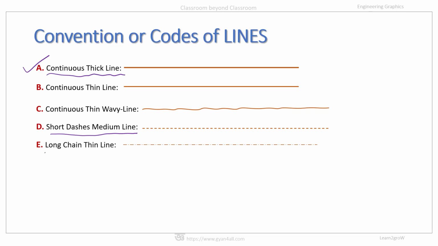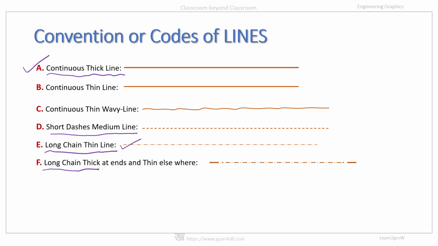Again, there is a long chain thin line. Chain lines are a combination of long dashes and short dashes, and they are uniformly distributed over the length of the line. F is the line type which is long chain thick at ends and thin elsewhere.